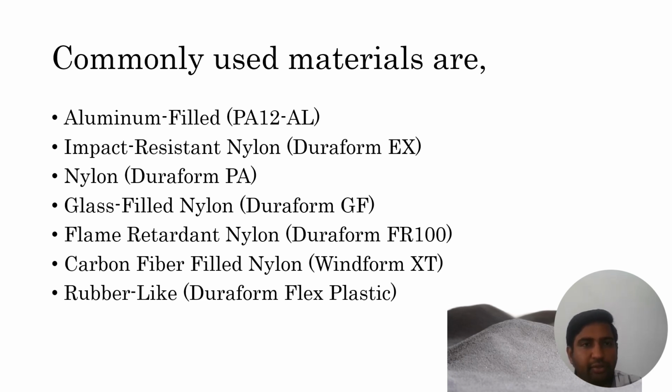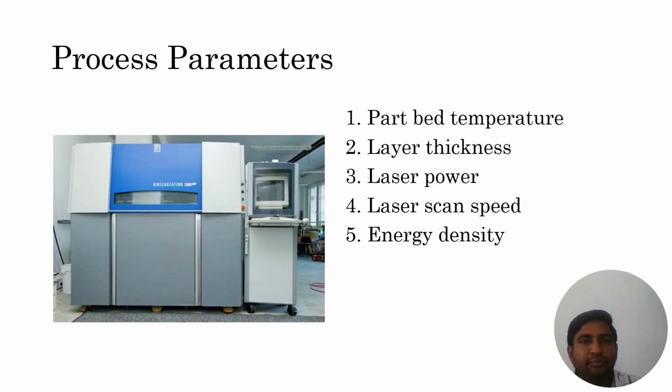These are the raw materials for the SLS process. And this is the entire system. It looks like a CNC machine, right? The entire machine is controlled by the computer, where the CAD data and STL data are fed.